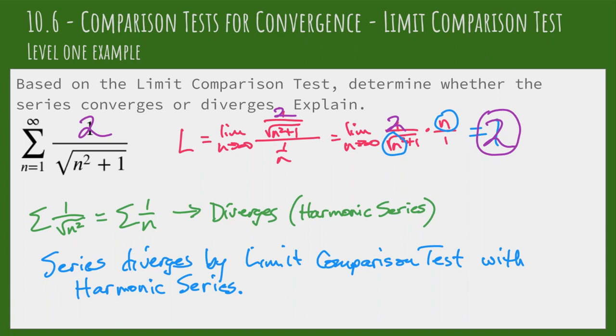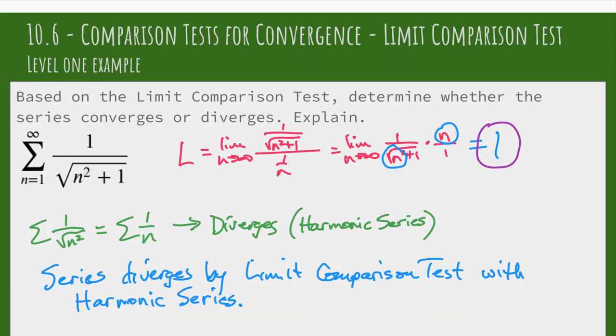And that 2 is just telling me that the series is going to behave like double the harmonic series. And since the harmonic series has an infinite sum, it's going to have roughly double the sum, which is going to be infinite also. So even if I choose a comparison series where this limit is not 1, as long as it's any finite non-zero number, then this test works.